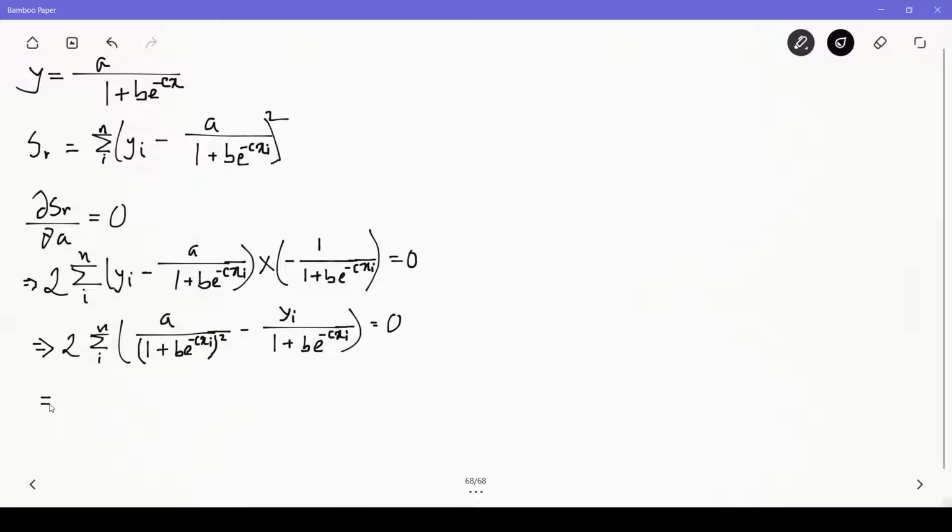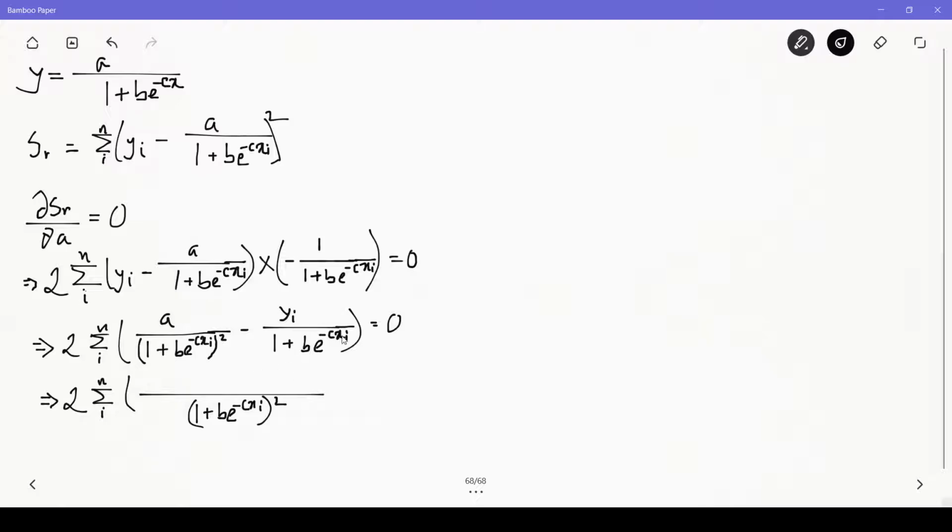And now let's proceed to the next step, which is what? To join these two terms, right? So we have a common denominator. So we will do some basic algebra. So the whole denominator looks something like 1 plus b e to the power minus cxi whole square.